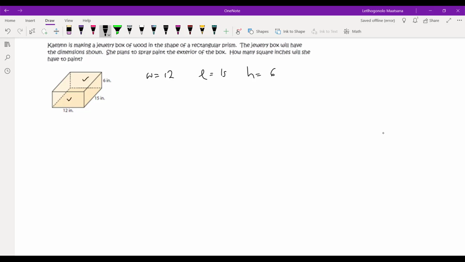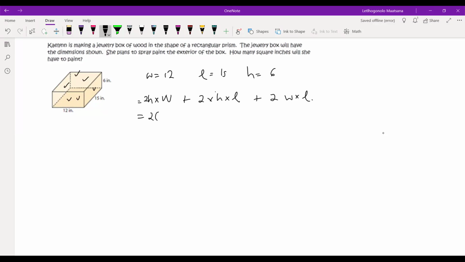For that side and that side, the area would be our height multiplied by our width. For this side and that side, the area would be our height multiplied by our length. And for the bottom part and the top part, our area would be our width multiplied by our length.